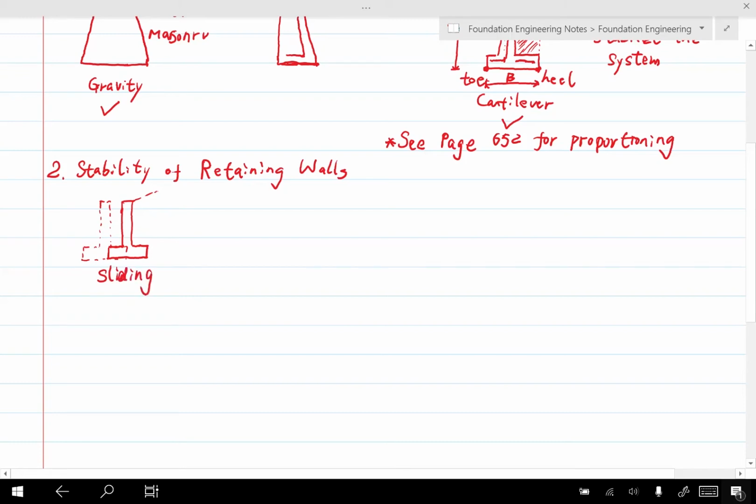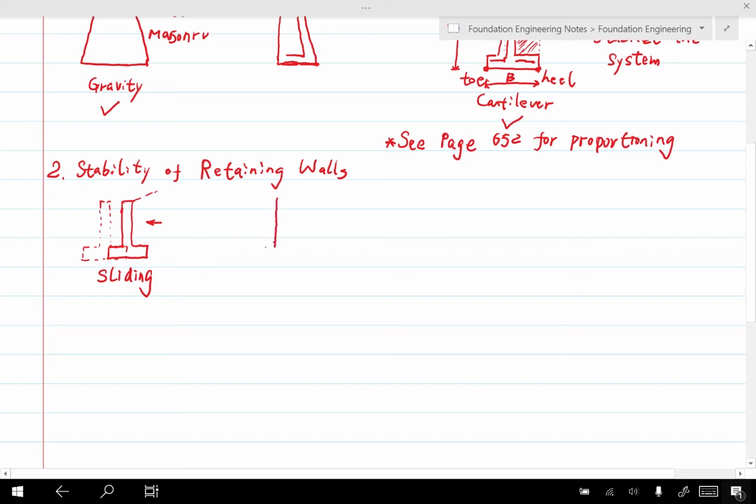This is similar to the sliding resistance that we discussed in shallow foundation. Sliding is caused by the force along the horizontal direction. And overturning is the second mode.